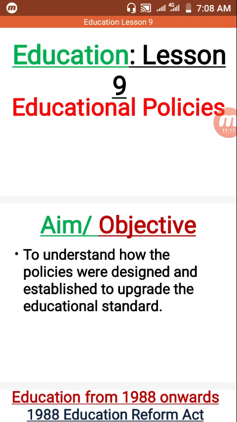And again, I'm repeating the question: what does it mean by educational policies, how were they enforced, elaborate and explain their benefits to the rich families and the poor families, and do the evaluation in the end.